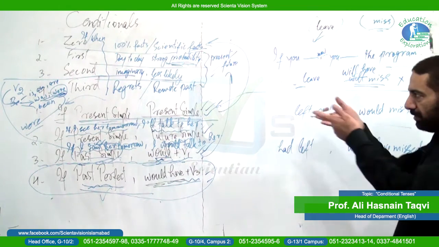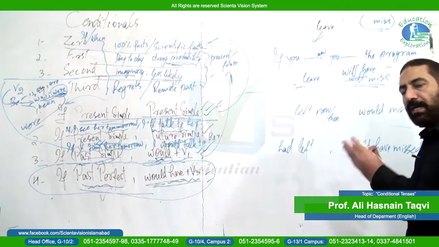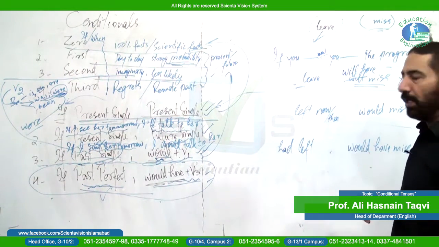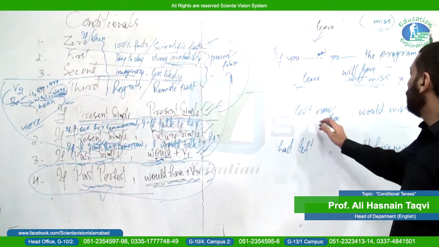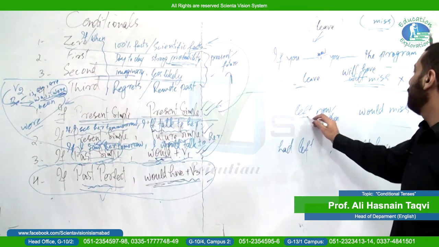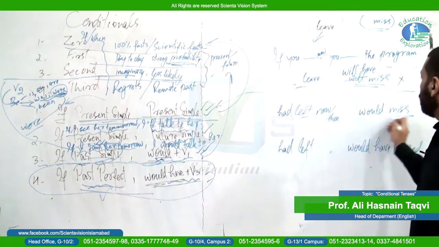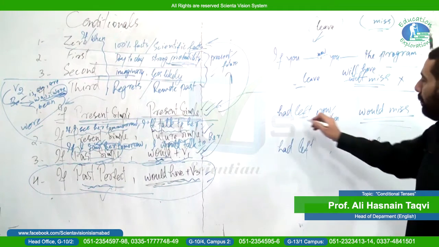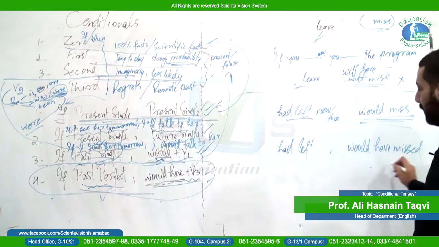Errors basically pertain to these verbs, and right use of verb is what you have to ensure. That is what conditionals are actually all about. If instead we have had left here, the structure automatically goes wrong, because with had left we can't use would miss. We instead require this structure.